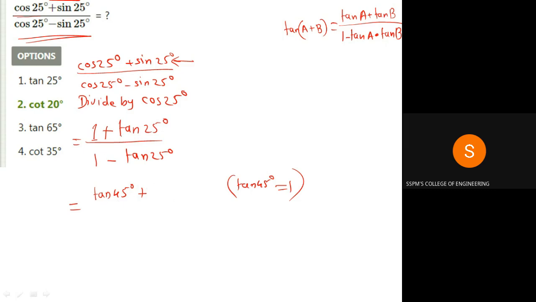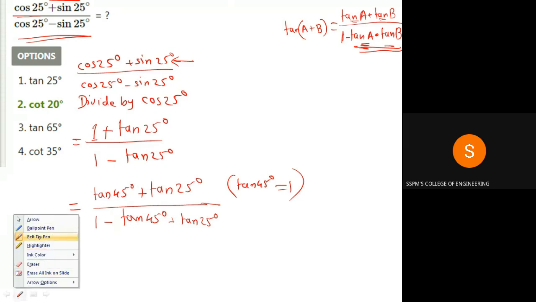So tan 45 plus tan 25 in the numerator. The 1 in the denominator should not be replaced, because the formula has this form: this part should be here, and this part should be here. So we are not replacing this 1 by anything. It is 1 minus tan 45 degree into tan 25 degree. That is how we convert this.